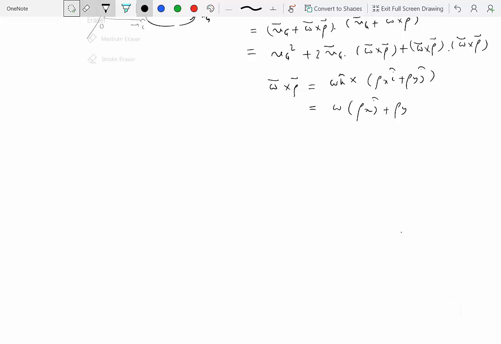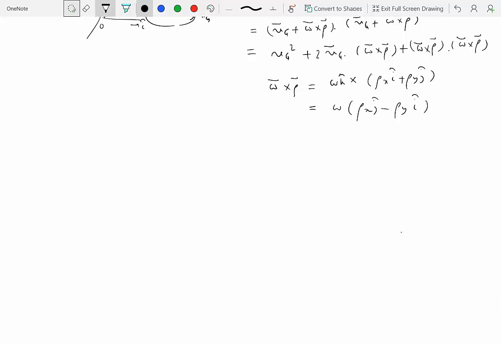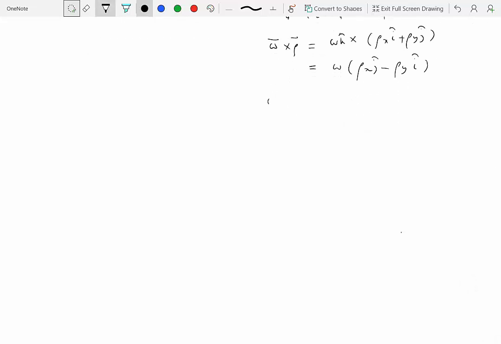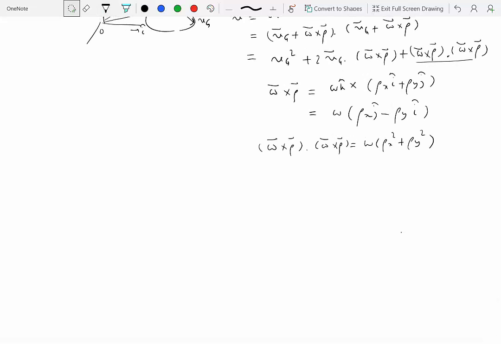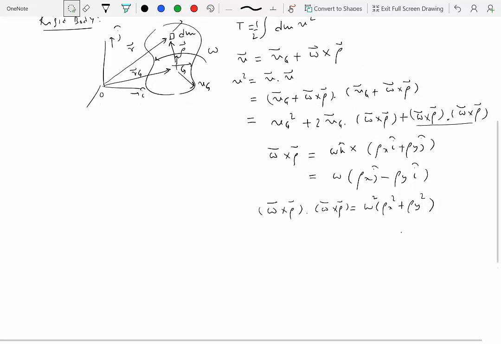Let's say this is actually minus i hat, okay. And omega cross rho dot omega cross rho would be equal to omega times rho_x squared plus rho_y squared, right? Actually it's omega squared, not omega, so we have the square of that.